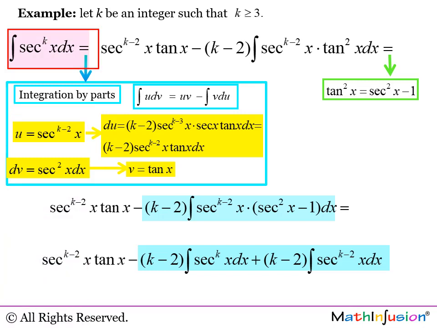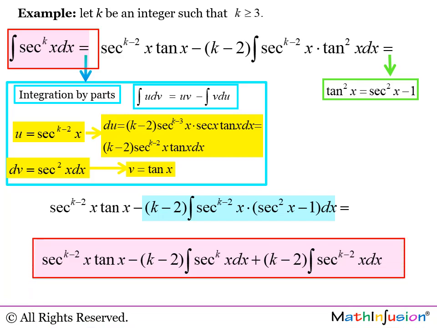In this step, we can use algebra. If you look at the beginning and the end here, you can see that the integral of secant^k x dx, this is what I'm looking for, equals secant^(k-2) x tangent x minus (k minus 2) times the integral of what I want, plus (k minus 2) times the integral of secant^(k-2) x dx, which is a reduction already in the exponent of the secant.